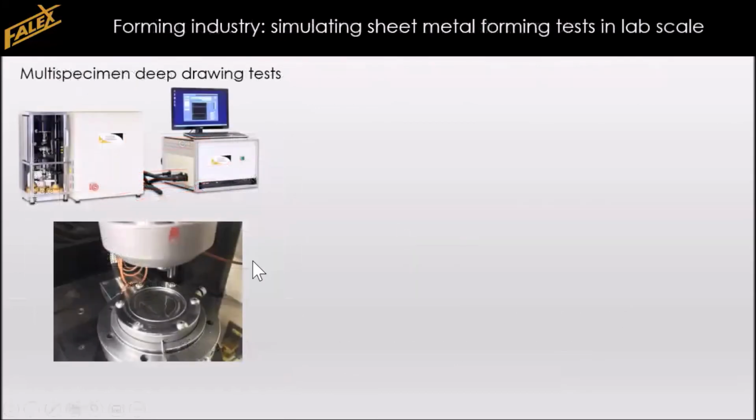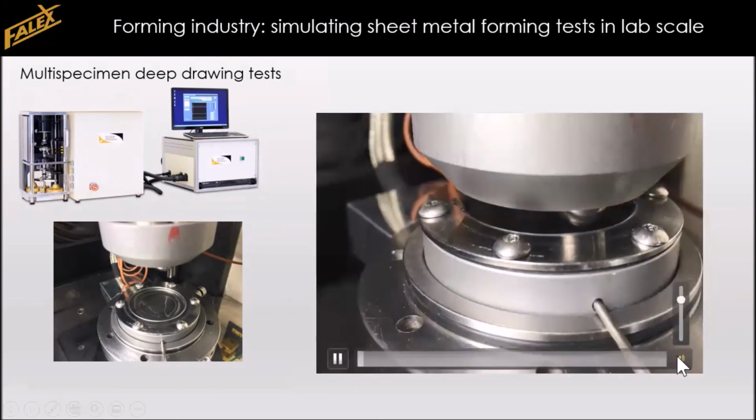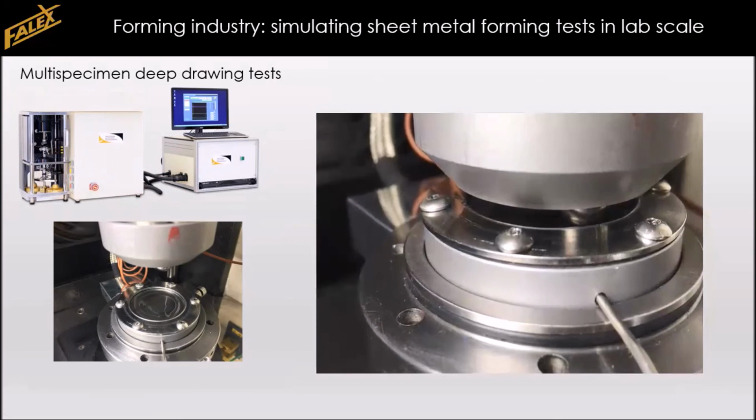The approach we use is the multi-specimen machine with a special holder, a special adapter, that enables us to hold a piece of the actual sheet material in the holder that you see down here. In this holder, we can pre-lubricate the sheet and heat the holder to different temperatures and then run a test that is at the same time a sliding and deformation test.